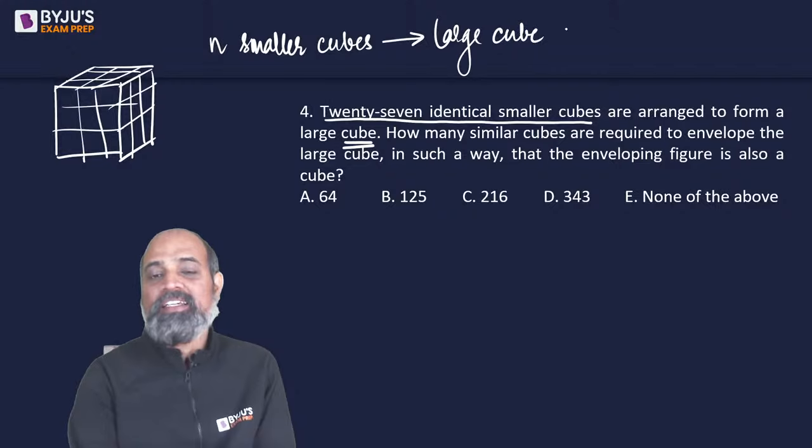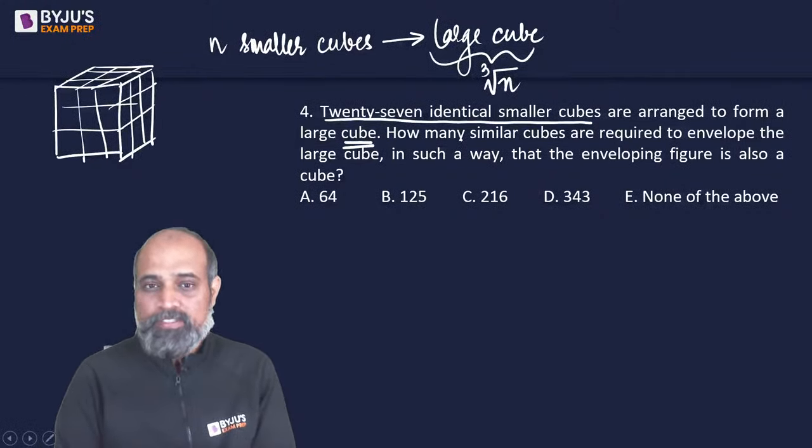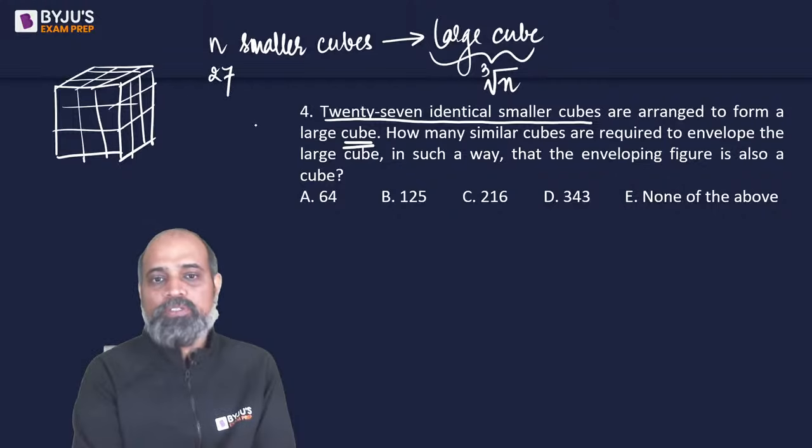And the dimension of this large cube will be the cube root of n, the same logic that we used for 80. So if we have 27 identical smaller cubes, then the large cube will have a dimension of cube root of 27, which will be 3.